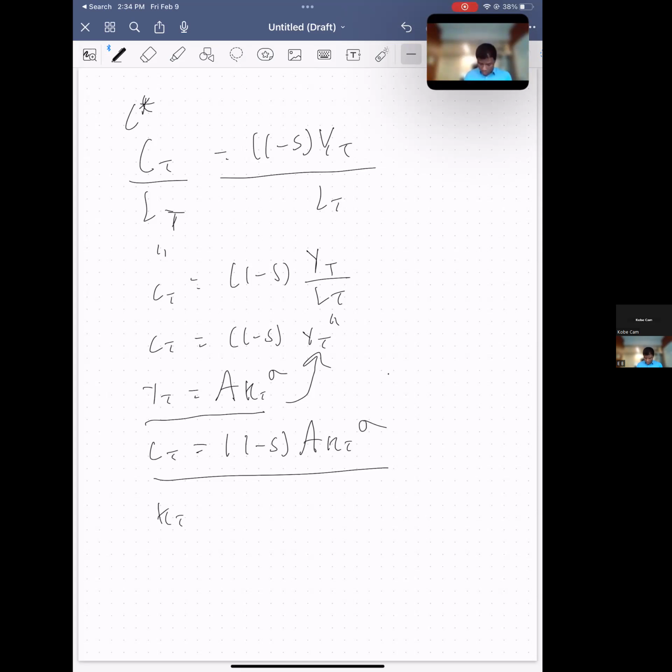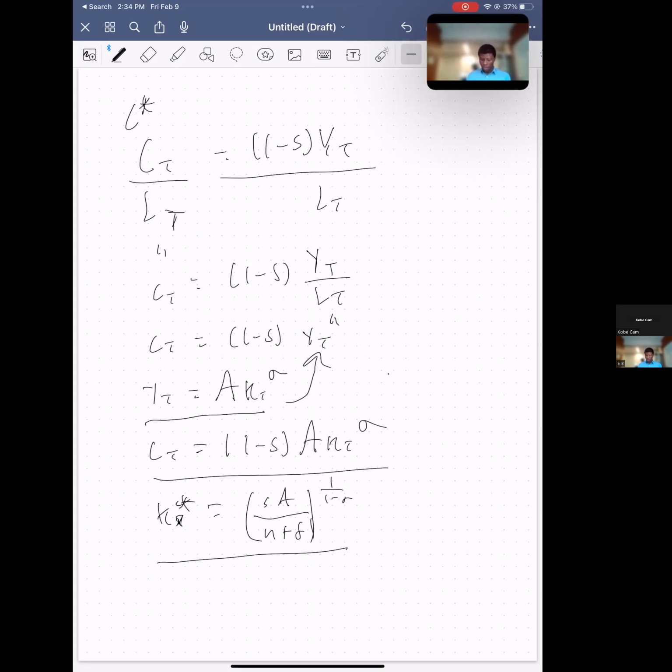We know that in the long run, in the steady state, it's just going to be this.